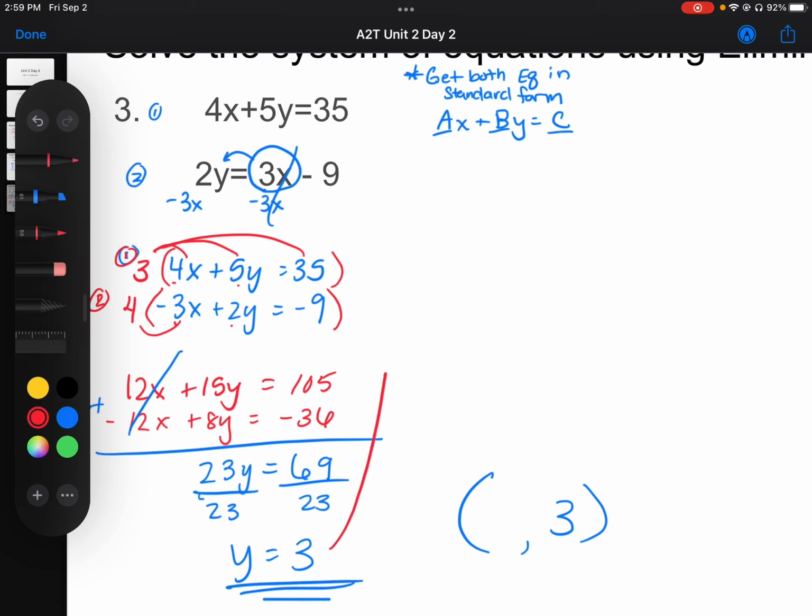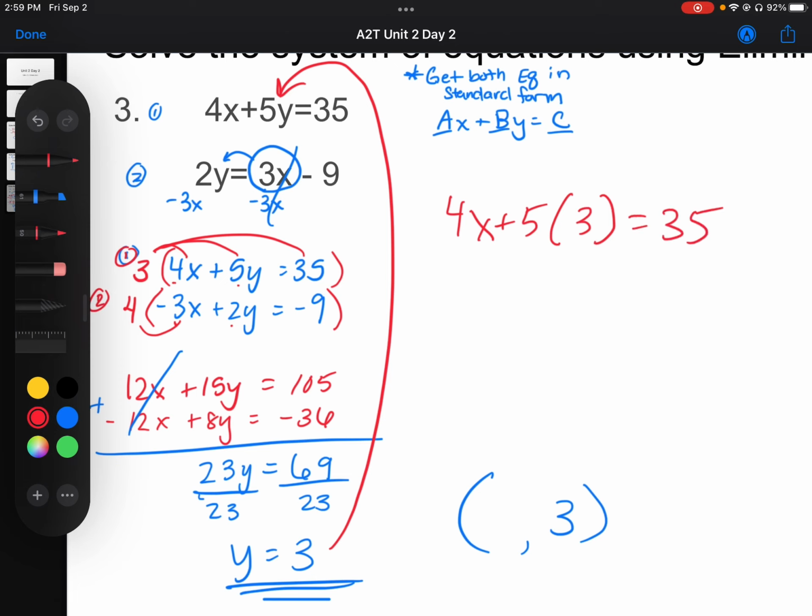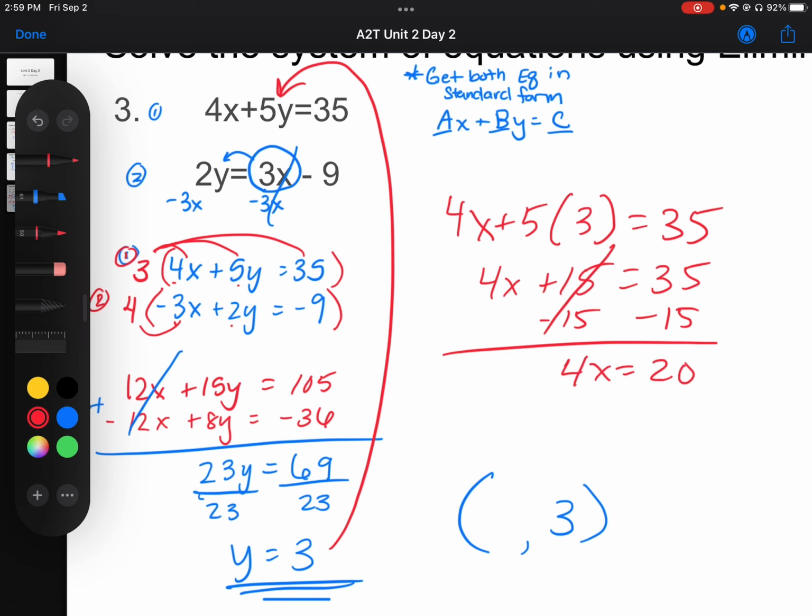I'm going to go ahead and plug it back into one of my originals. 4x plus 5y, I know that y is 3, equals 35. 5 times 3 is 15. Subtract 15. Divide by 4. So my ordered pair, my solution to the system is 5, 3.